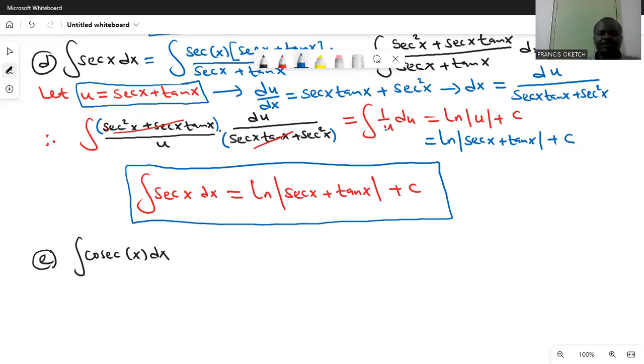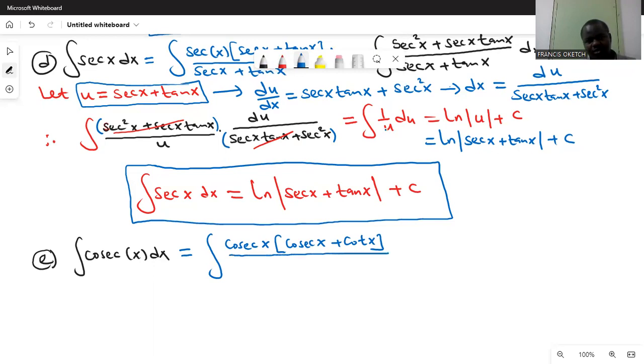Now I am going to multiply numerator and denominator by cosec x plus cot x, so that this integral can be written as cosec x times cosec x plus cot x. We are multiplying by that. Do the same to the denominator. It will be over cosec x plus cot x dx.